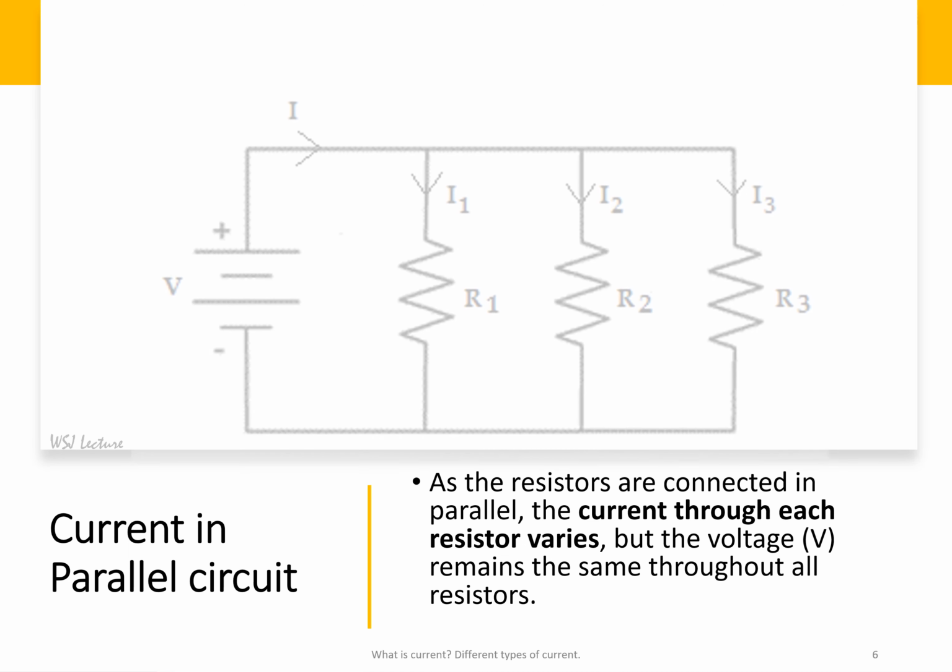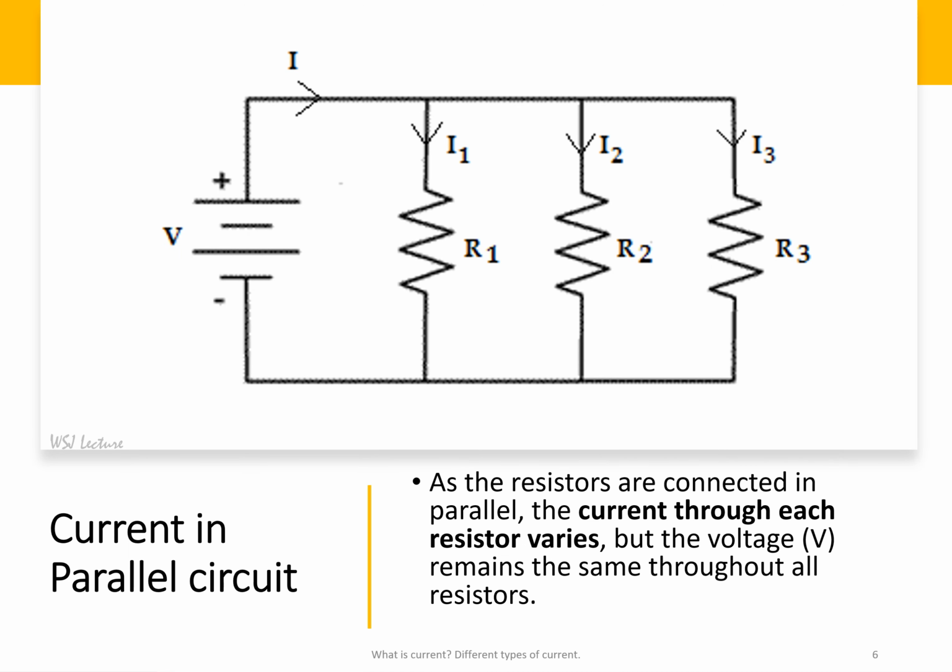Current in parallel circuit. In the circuit, the resistors are connected in parallel. When the resistors or electrical equipments are connected in parallel, the current does not remain the same. The current varies in each branch.